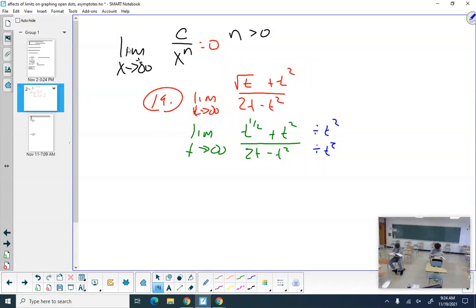So each and every one of our terms is t to the 1/2 divided by t squared plus t squared divided by t squared, over 2t divided by t squared minus t squared divided by t squared. We're dividing every one of our terms by the t squared. Well, if I look at t to the 1/2 over t squared, we have to subtract our exponents.